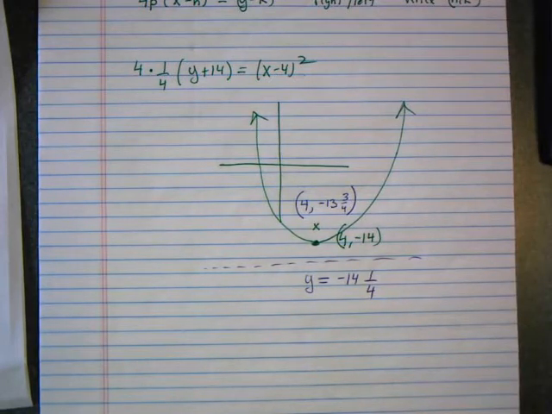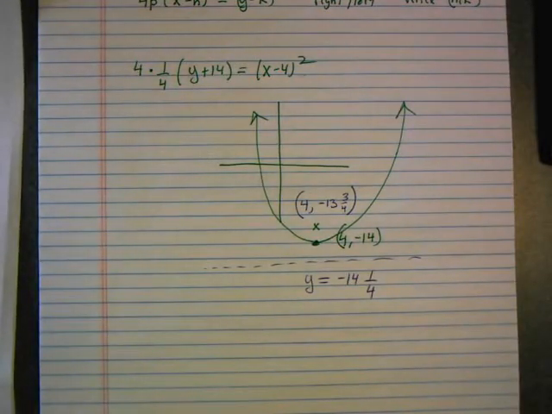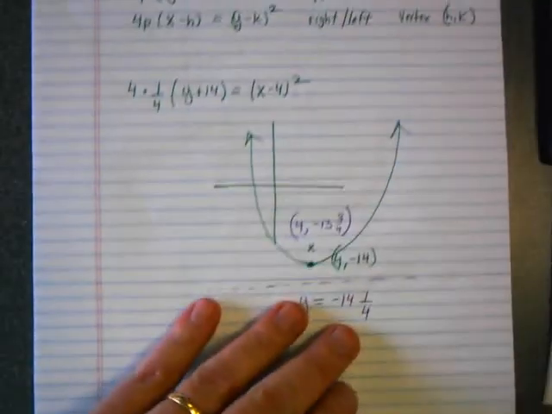I don't care, very flexible. I care that it's correct. I would accept negative 14 and a quarter, negative 14.25, or negative 57 fourths. I would take any of them, as long as they're correct. They're all the same thing. That's why I'll take them all.